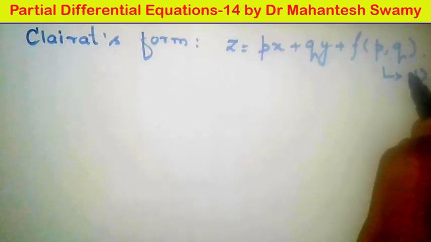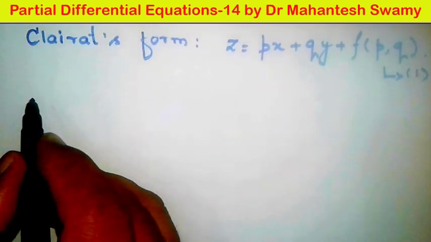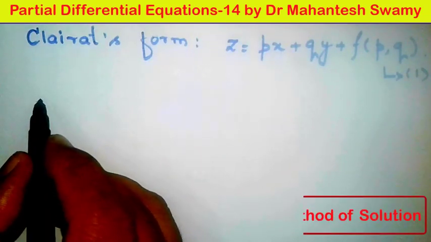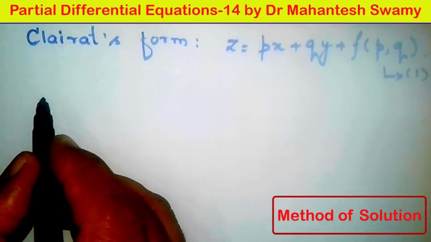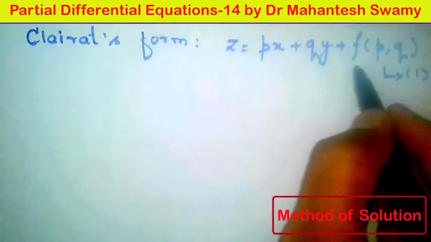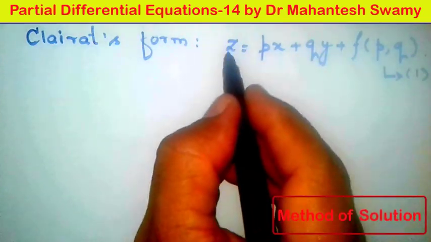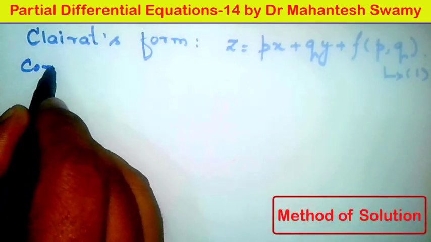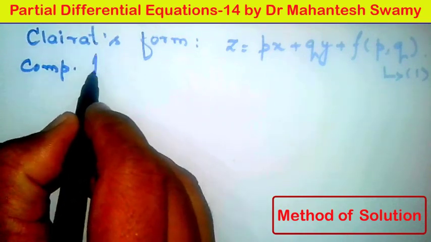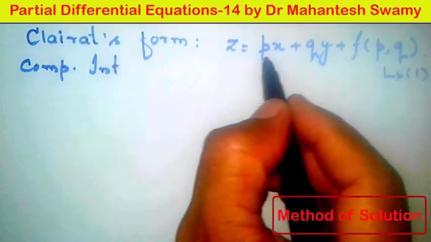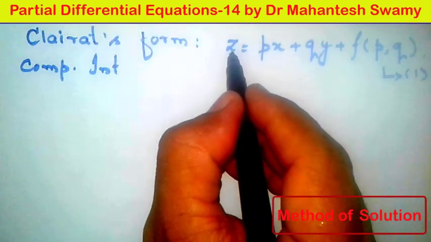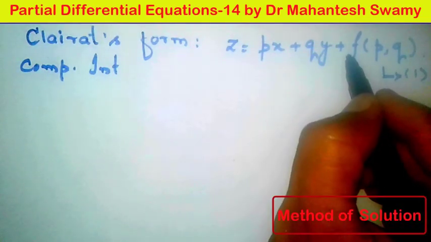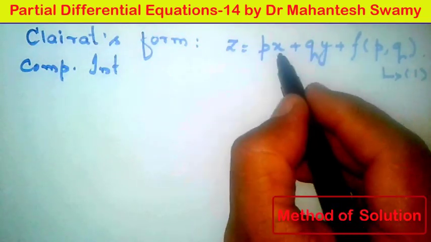So let us solve this equation. First of all, we will take this equation as equation number 1. Now it is very easy to observe the complete integral of this equation. The complete integral is one which has two arbitrary constants, because the differential equation has two independent variables x and y.